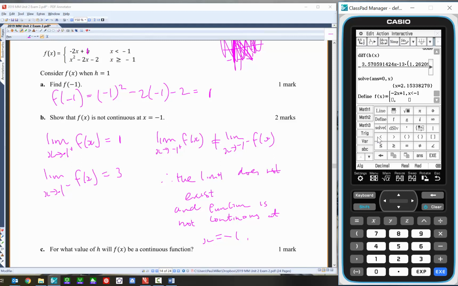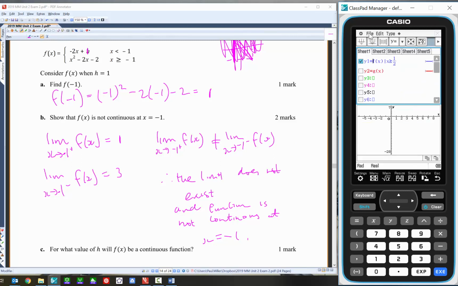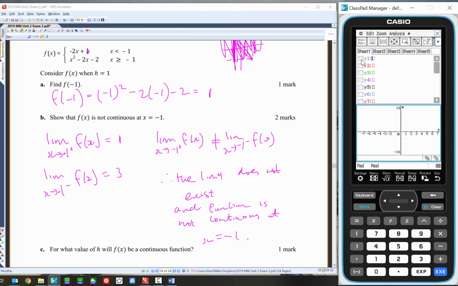And this one here, we've got the parabola x squared take 2, x take 2, where x is greater than negative 1. Right, let's have a look. Okay, so that confirms our suspicions that we do have a discontinuity.